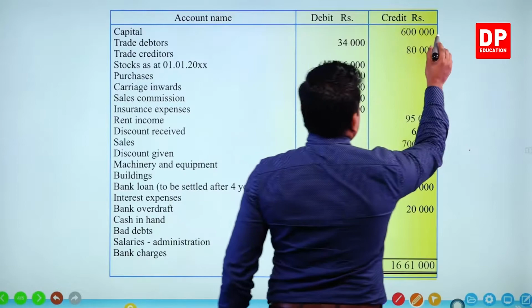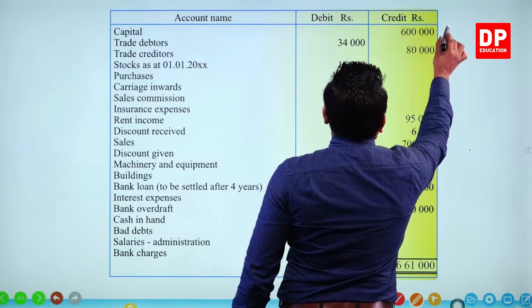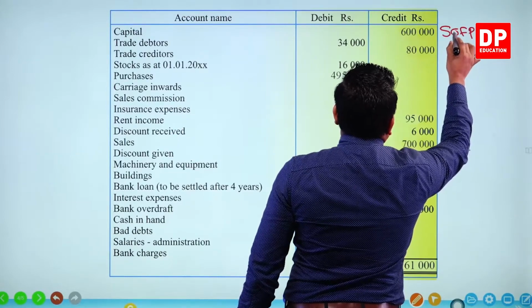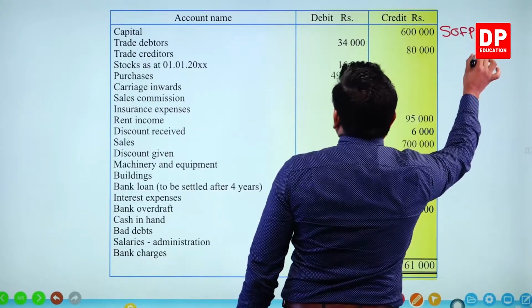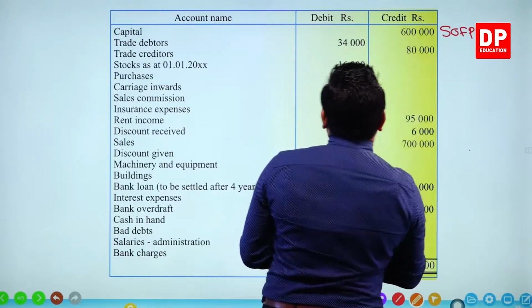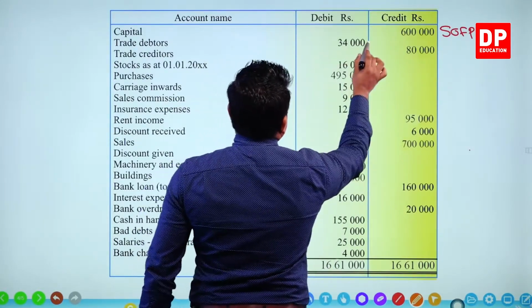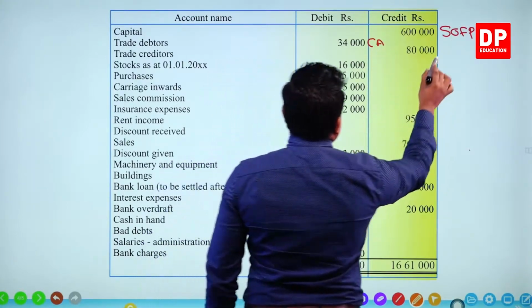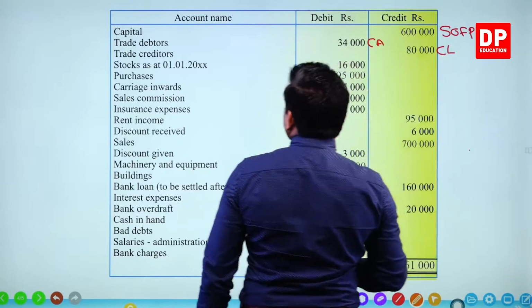So in front of the capital you can put SOFP, statement of financial position. Trade debtors where we put? Debtors, current assets, current asset. Then trade creditors, current liabilities.